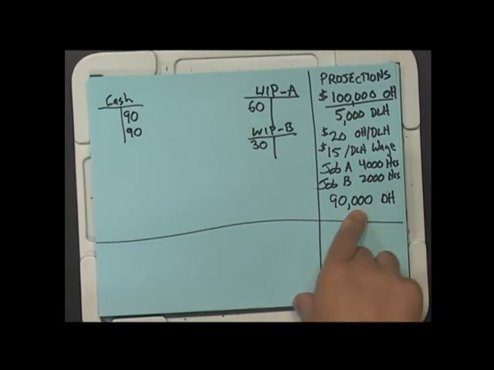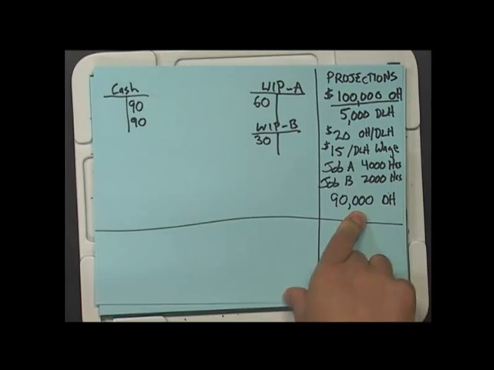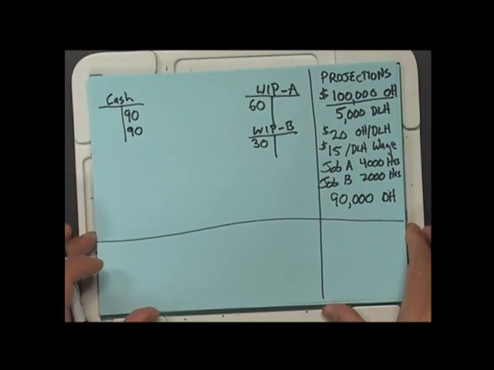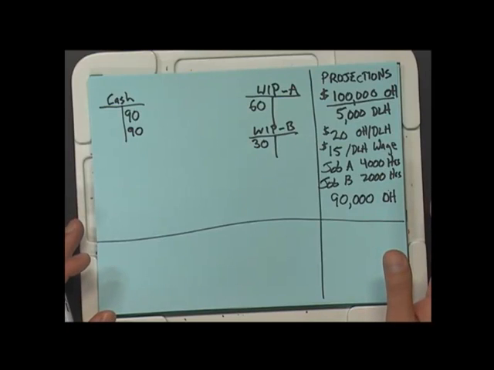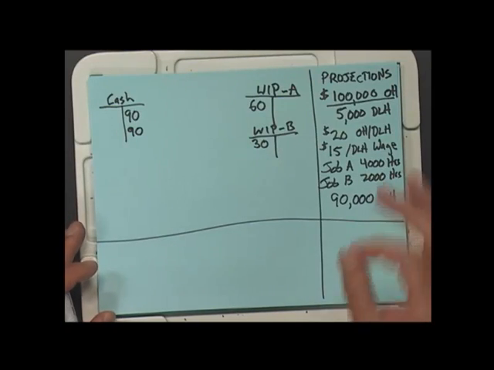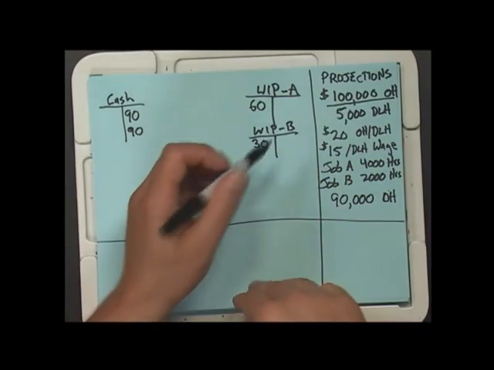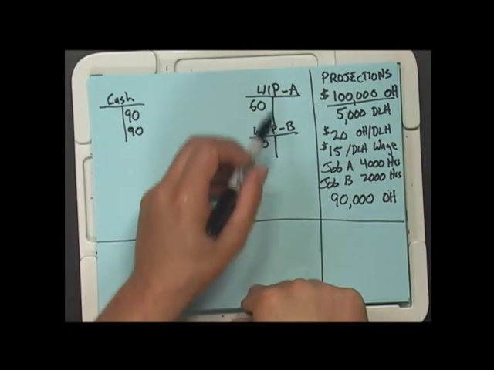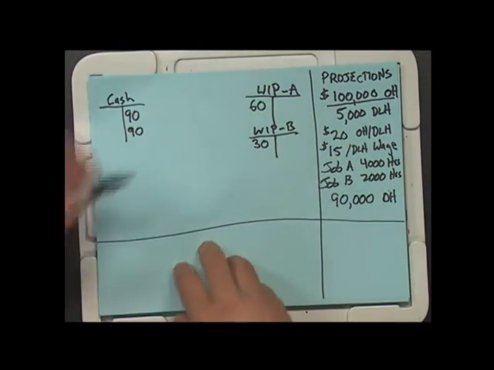This is the rent and the utilities and the managerial supervisory salaries, everything that is associated with production, but that can't immediately and directly be identified as being incurred for a particular job.